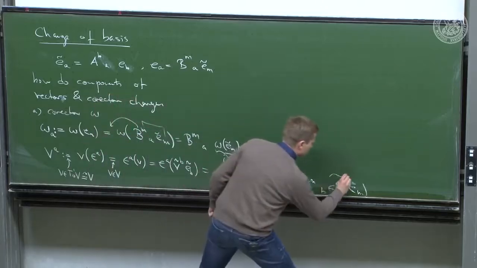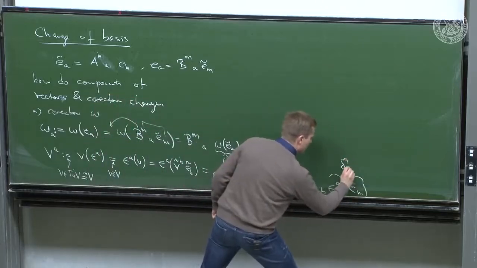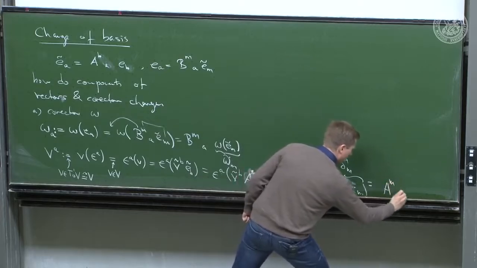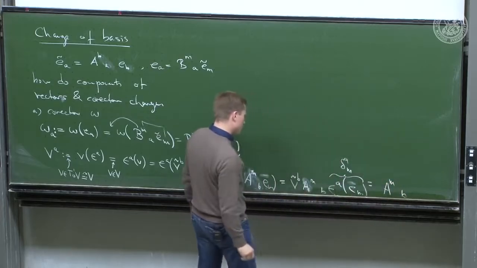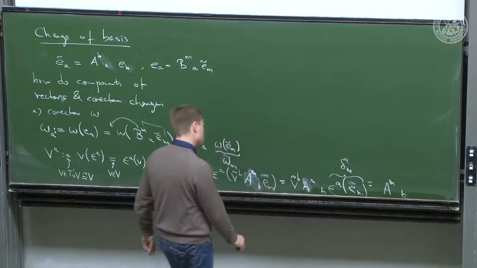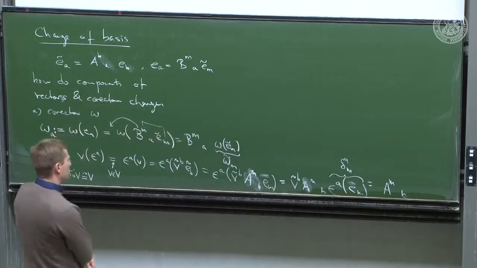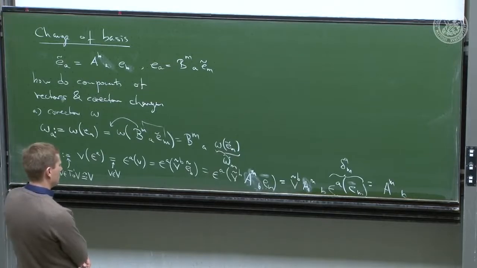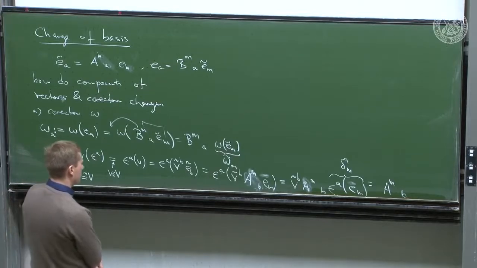Now this is because we chose the dual basis as delta AM, so the result here is AMB. AM. I got the indices somehow. No, it should be fine. So an AEM, AMB.